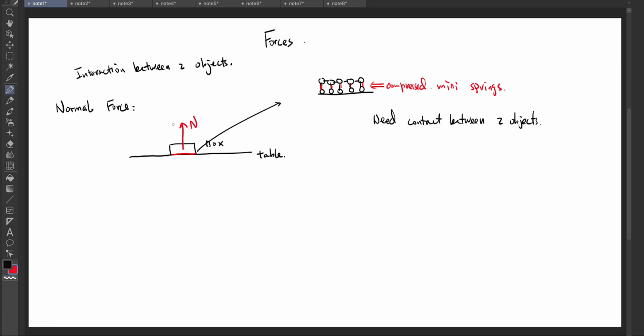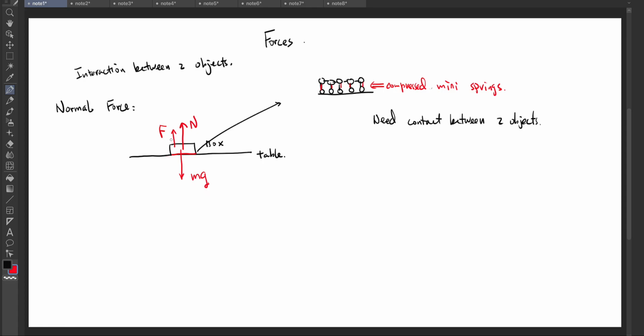Let's say I want to pull the box up with a pulling force pointing upward. Okay, now we know there's still gravity pulling it down. So I'm going to just draw it, and then we'll explain this later. That's the gravity mg. M is the mass of the box.